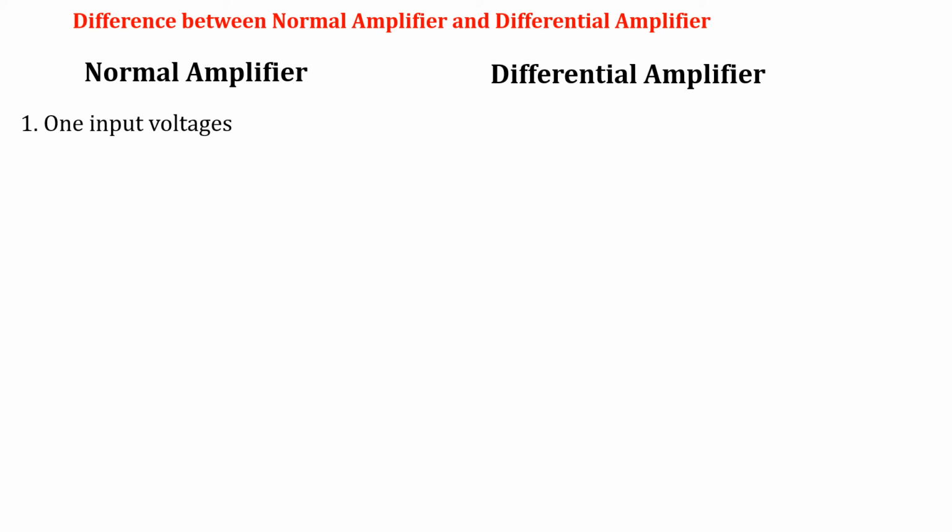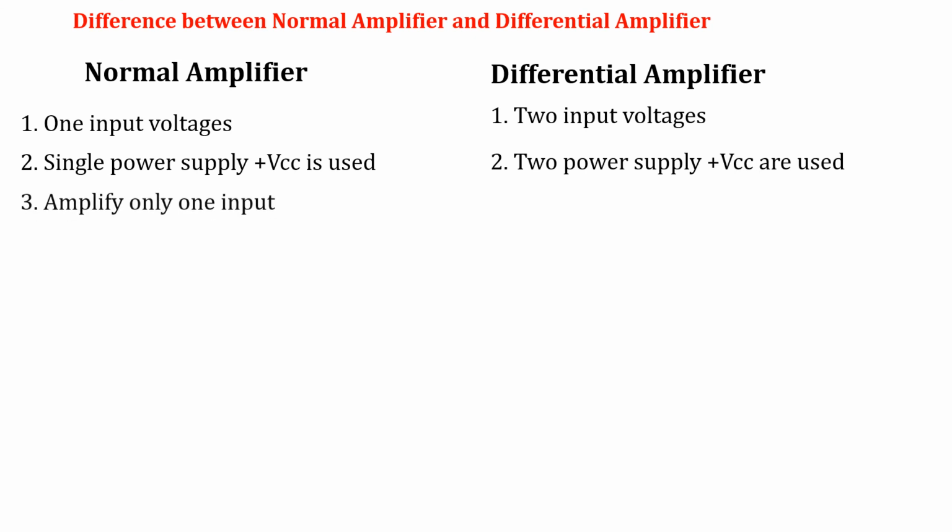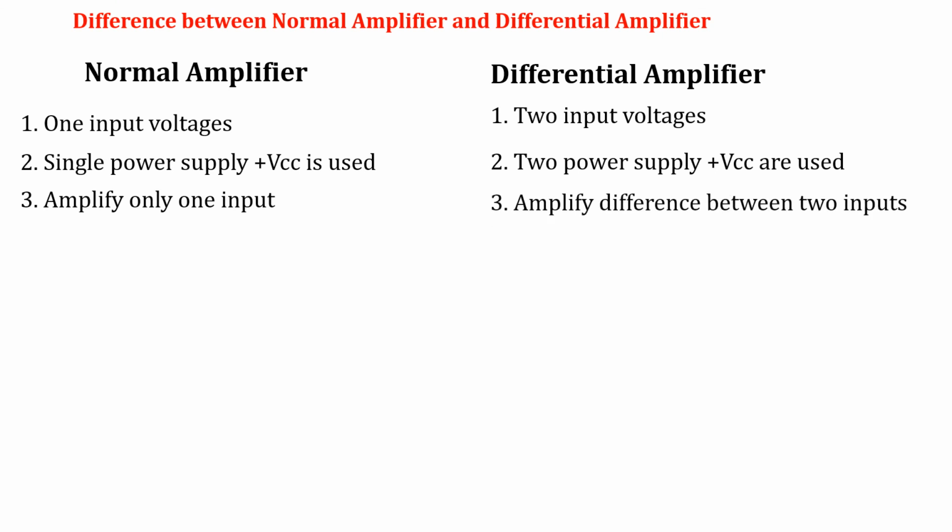A normal amplifier uses one input voltage while a differential amplifier uses two input voltages. Next point: in a normal amplifier a single voltage supply is used, while in a differential amplifier two supplies are used since two stages are there. A normal amplifier amplifies only one input, while a differential amplifier amplifies two inputs.